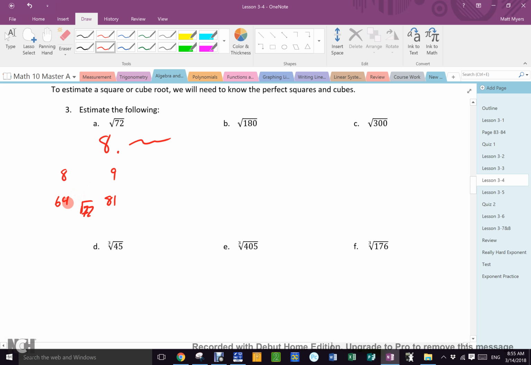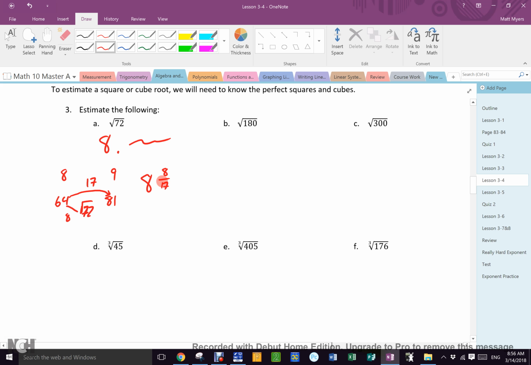And how far is it all the way to 81? 17. It's 17, isn't it? I took 8 out of 17 steps, yes? So it's 8, and then I took 8 out of 17 steps.